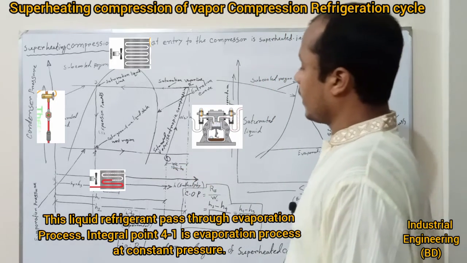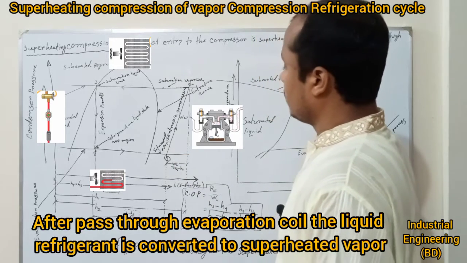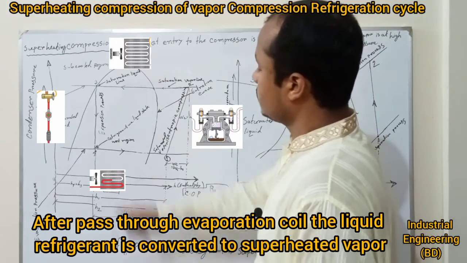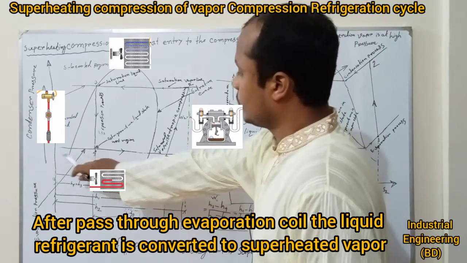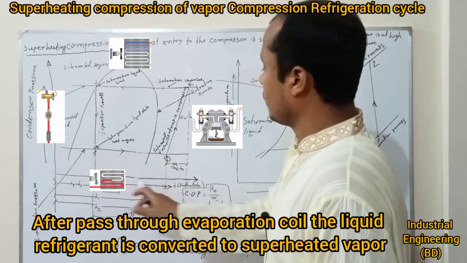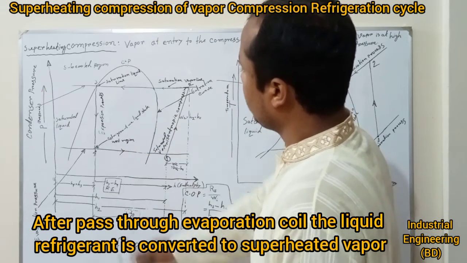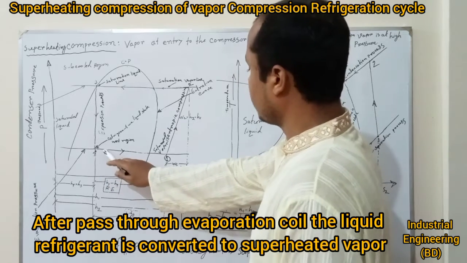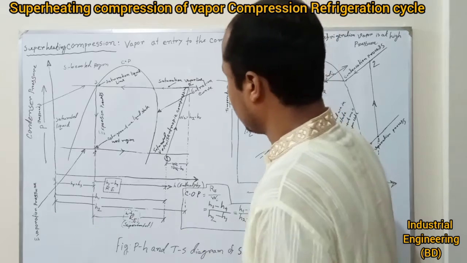This superheated vapor again enters the compressor, and this cyclic process is repeated. In the pH diagram, H3 and H4 are equal, at constant enthalpy. So we can write the refrigeration effect as H1 minus H4.